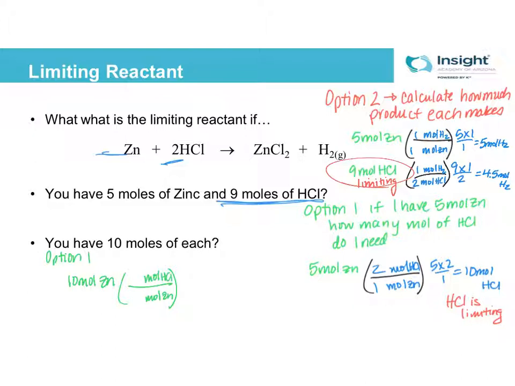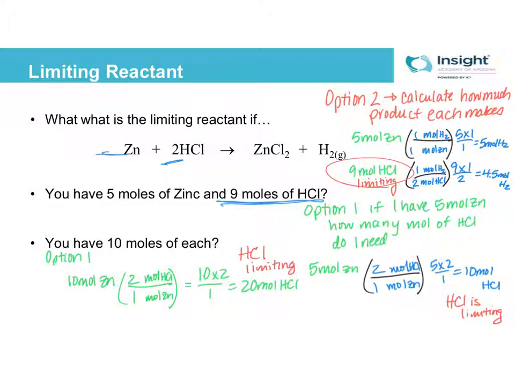It's going to be a 1 and a 2, which means I need... nope, I'm doing my math wrong. Let me write that out, which is going to be 10 times 2 divided by 1, which means 20 moles of HCl. I only have 10 moles, so that's not possible. So HCl is limiting.